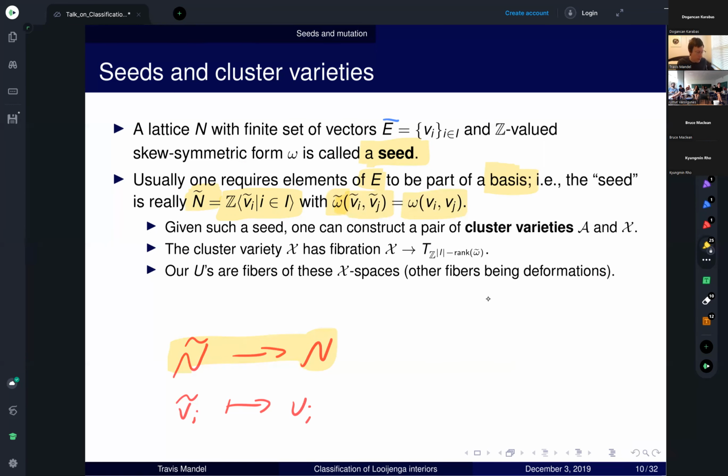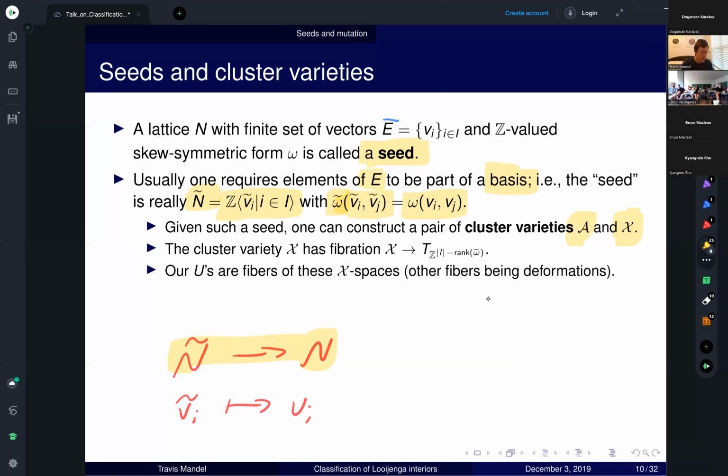Given a seed like this, with N tilde, omega tilde, the VI tildes, you can construct a pair of cluster varieties, often denoted A and X, following Fock-Goncharov. I'm not going to go into a lot of detail about these. You'll see them in other talks, but I want to mention the connection here so that if they come up again in later talks, you know the connection.